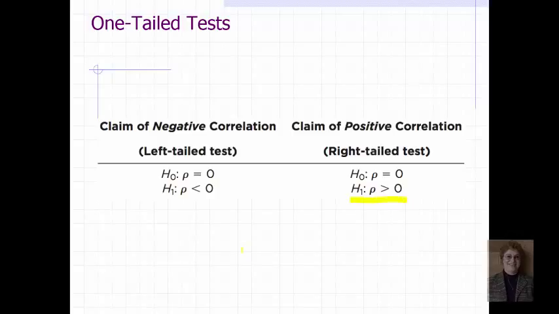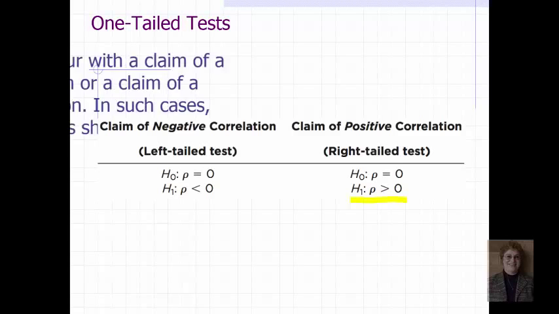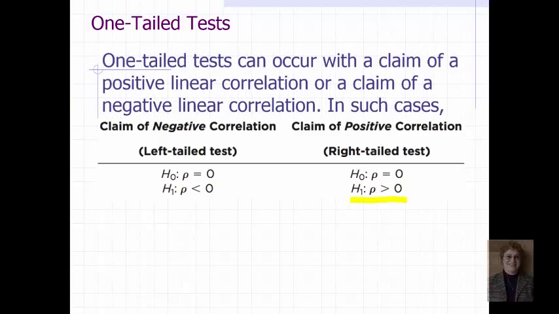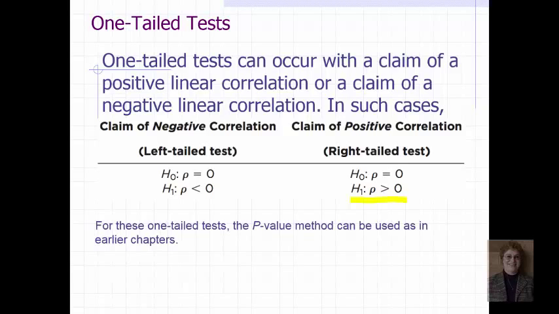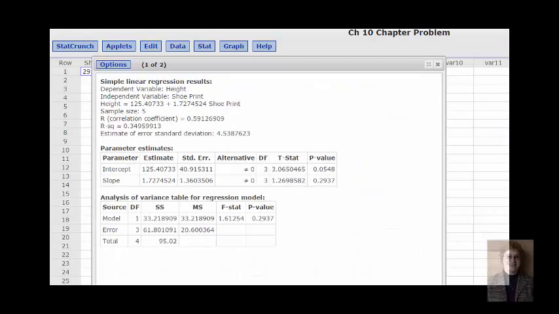Or we might do the two-tailed test that r is just not 0. We don't care if it's positive or negative. We just are interested that it's not 0. Now again, we can use the p-value method as we did earlier.